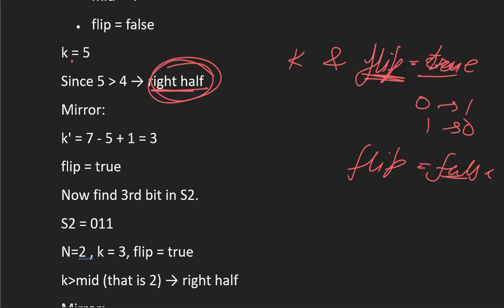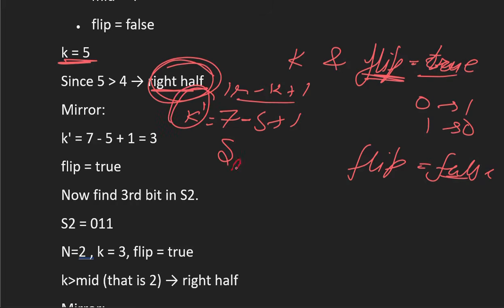So now our k is equal to 5 and length is 7, so 7 minus 5 plus 1, that is length minus k plus 1, is our new k dash. This k dash bit we have to find in s of n minus 1. So currently we are in s3, so our k dash is 3 and flip is equal to true.